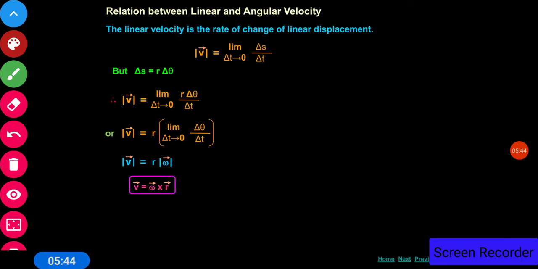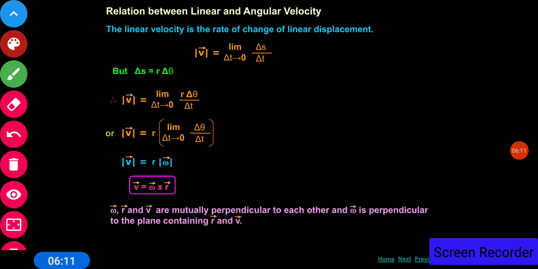In terms of the cross product, v is equal to omega cross r, because r, omega and v are all vector quantities. When the product of two vector quantities is also a vector quantity, then the product is the cross product, and v is equal to omega cross r.